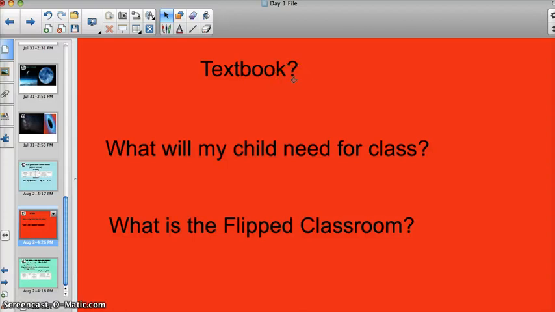Now, if somebody just feels more comfortable having a textbook at home that they can refer to, I have no problem with issuing your child a textbook that they can take home and they have to bring back at the end of the year. That may be reassuring to them, may be reassuring to you. Just either you or them send me word to do that.